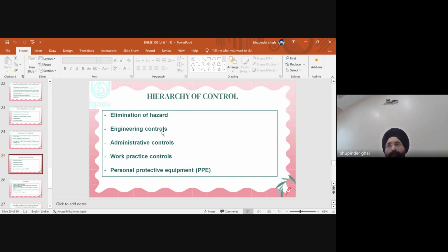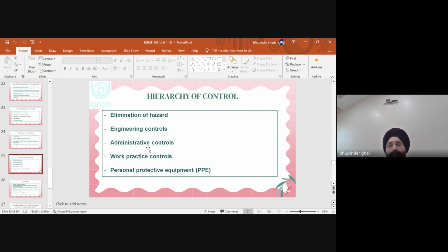So next comes engineering control. What engineering control can you put on this machine? You can put a guard over the moving part, so the moving part is there, but because of the guard, the worker will not come in contact with it and the risk will be reduced to zero. That is engineering control.